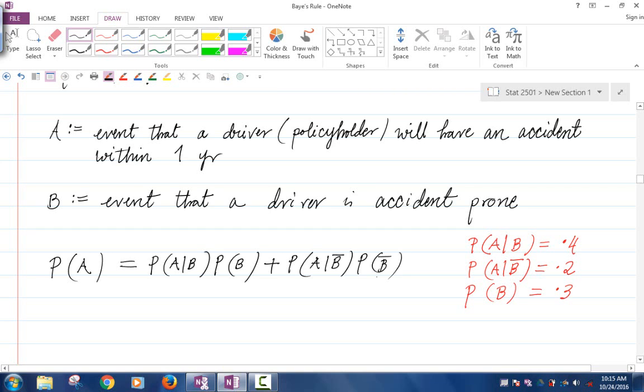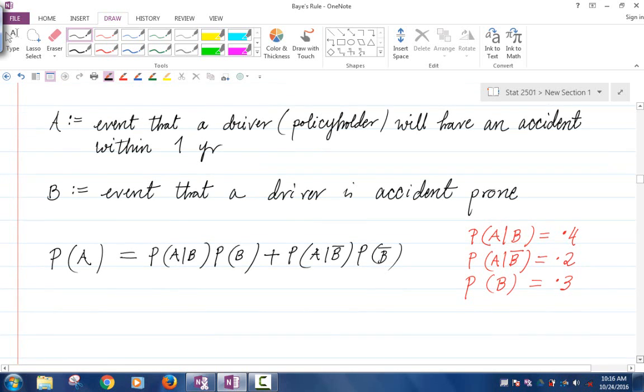B and B complement constitute a partition of the sample space. So the overall probability of A is the weighted average of the conditional probabilities of A with respect to B and B complement, where the weights are the probabilities of B and B complement.